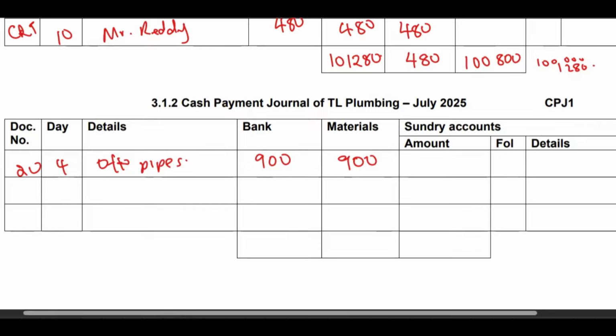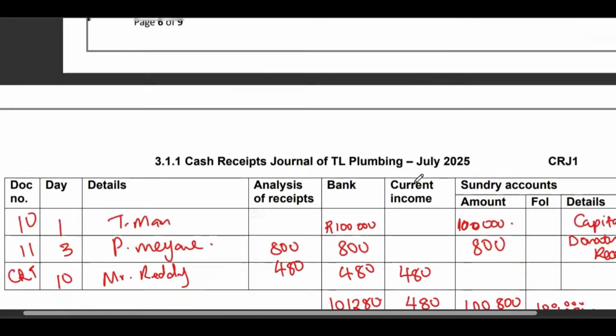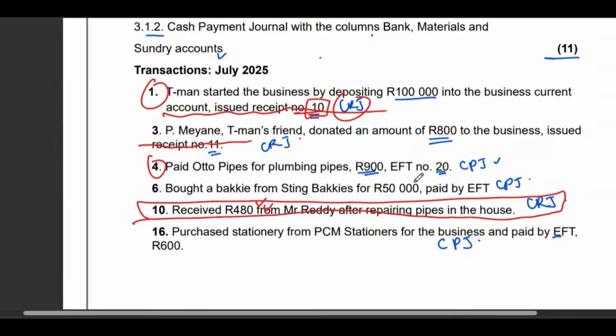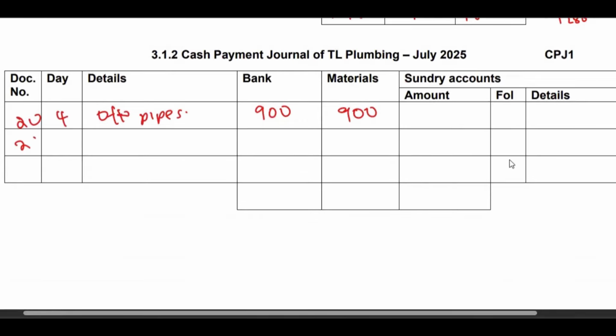All right, then next with the CPJ, we have the sixth, the payment for the bakkie. So this is document number, okay, this 20, we can make this a 21. Okay, 21, and it happened on the 6th.